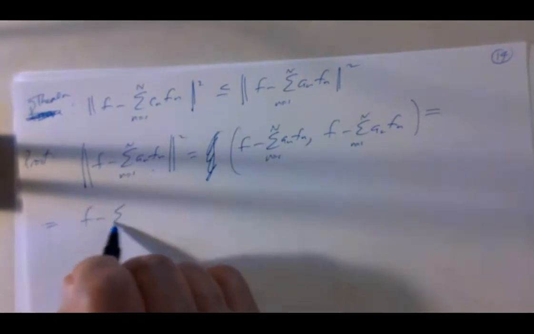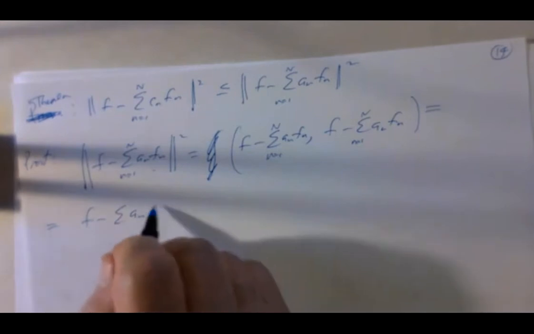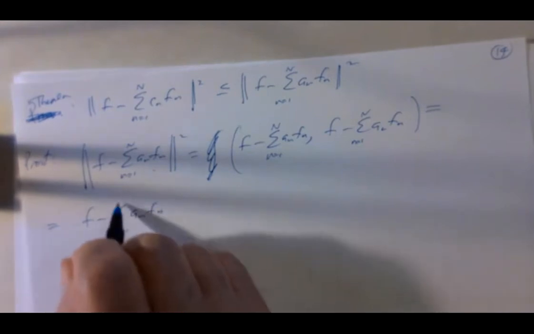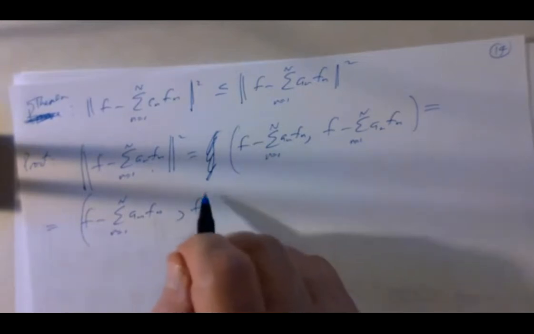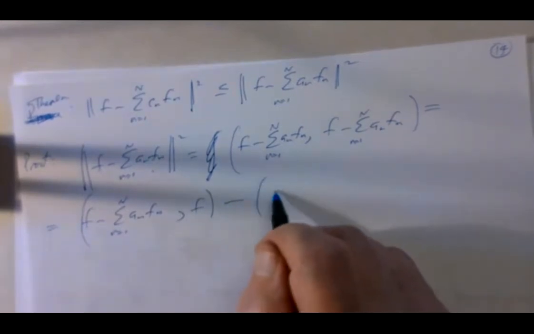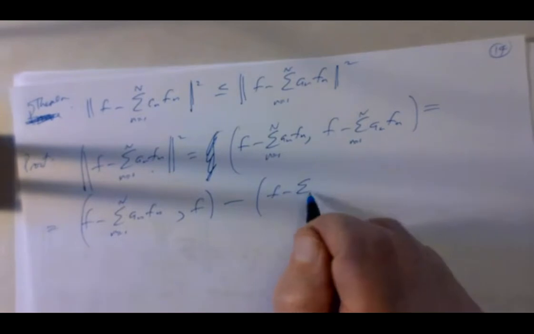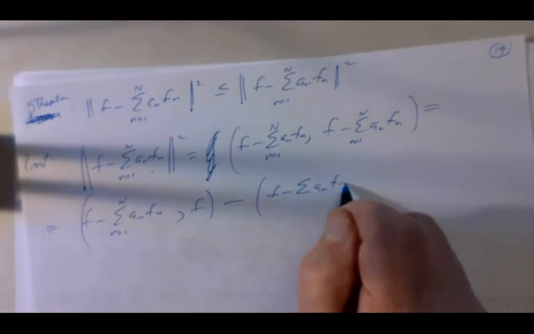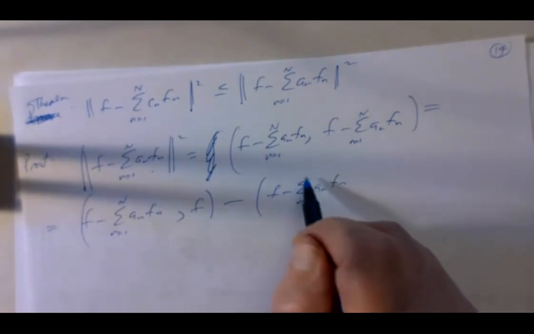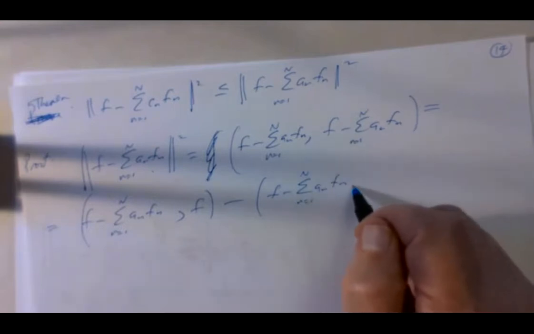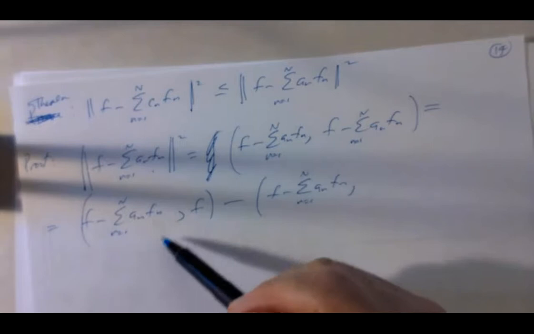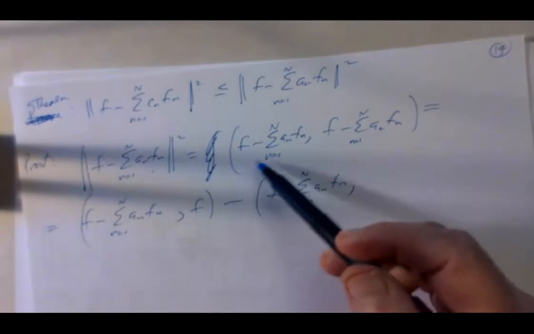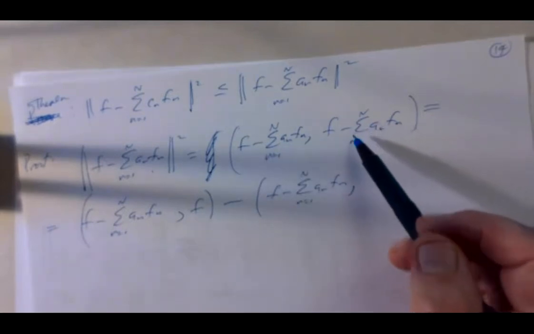This is f minus summation an fn, n goes from 1 to n, inner product with f, minus f minus summation an fn, n goes from 1 to n, inner product with this.